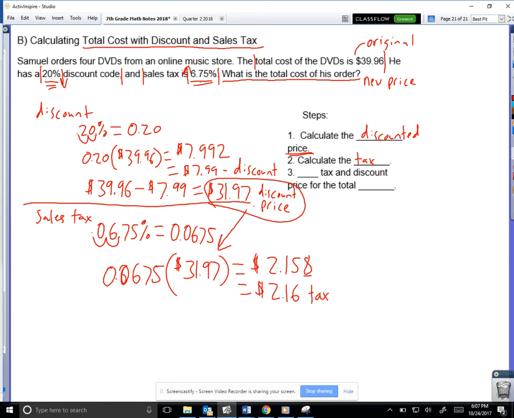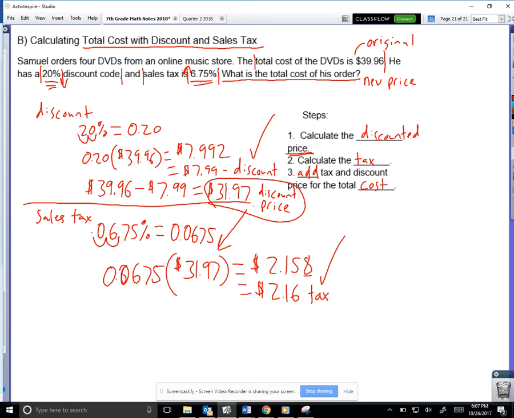We calculated the tax. Step number 3, we're going to add the tax and the discounted price for the total cost. Okay, so we calculated the discounted price, which is right here. We calculated the tax, which is right here. Now we're going to add it together to see what he's going to pay.